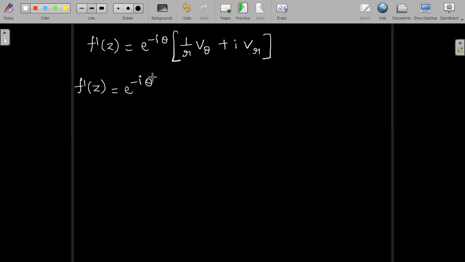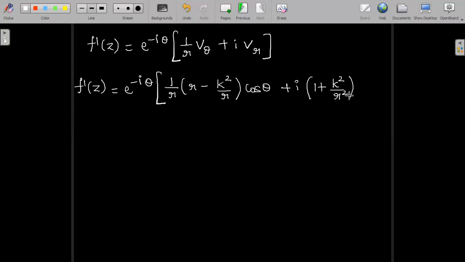So e power minus i theta into 1 by r into (r minus k square divided by r) multiplied by cos theta, plus i into vr. The vr term, which is 1 plus k square divided by r square, multiplied by sine theta.